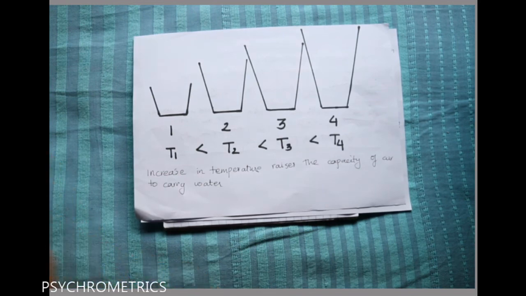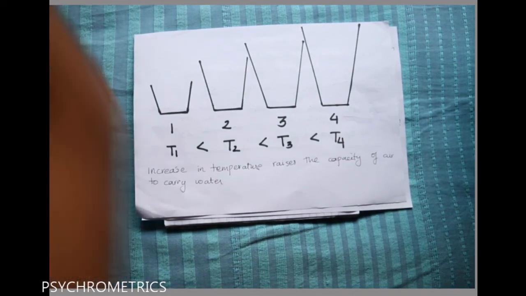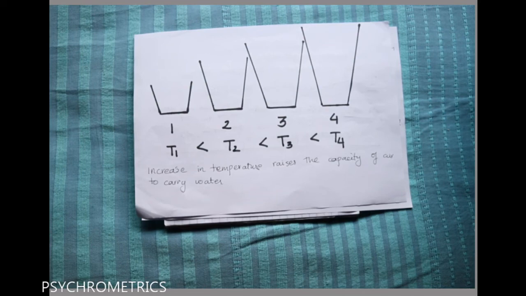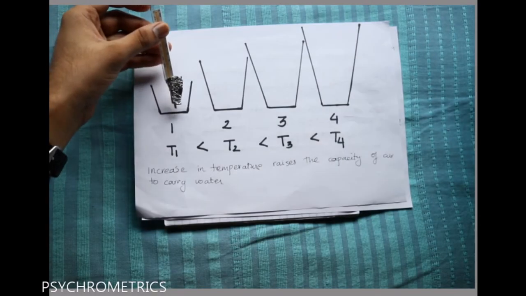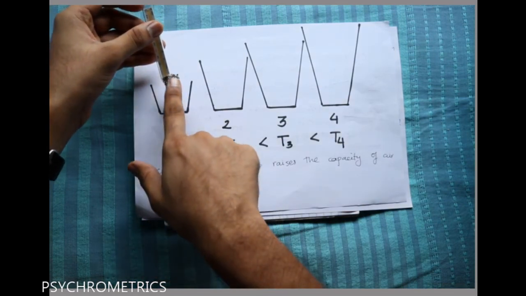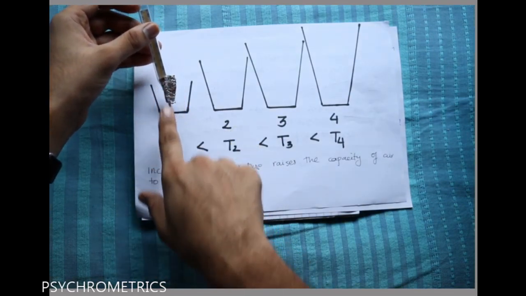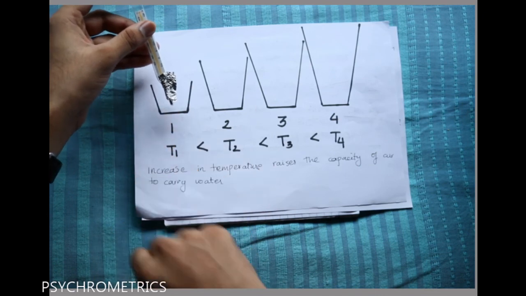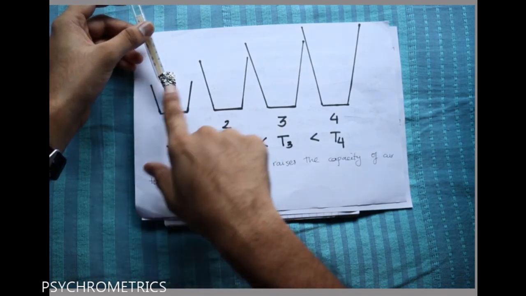However, once we coat or envelop this thermometer with a wet cloth, which is represented by this aluminum foil here, it's going to start cooling this bulb.